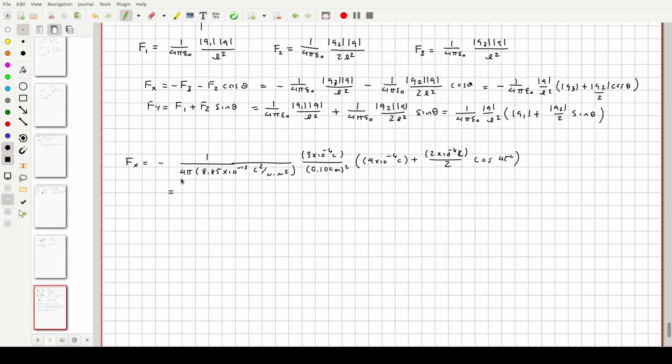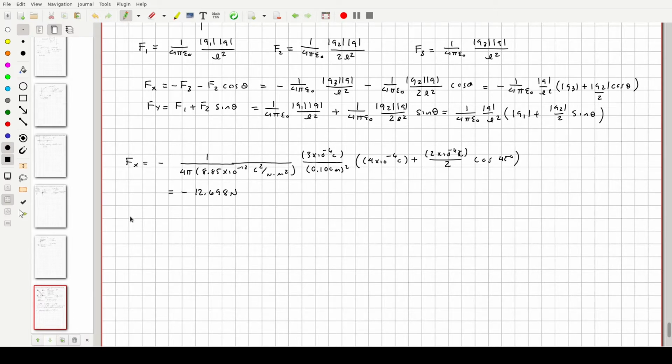And then cosine of 45. Let me make sure my calculator is in the right mode. It is degree mode. So when I do this first term right here, I get 12.698 newtons.